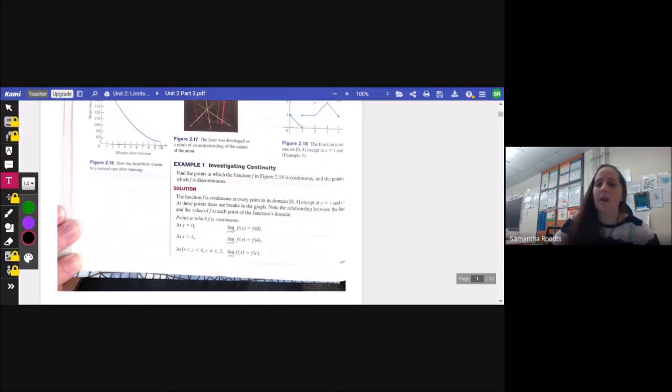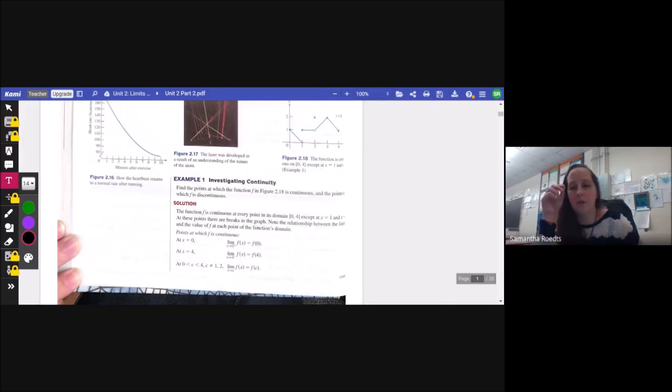However, there are points on this graph where that fails. At x equals 1, the limit of f of x does not exist. As I approach from the right, it does exist, and as I approach from the left, there's this discontinuity here.